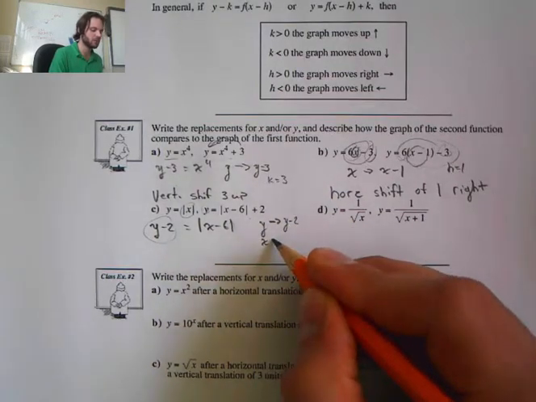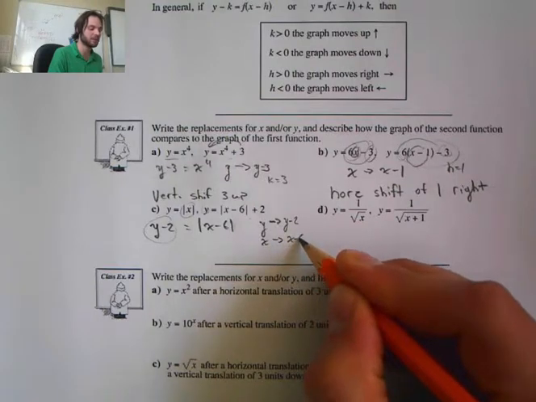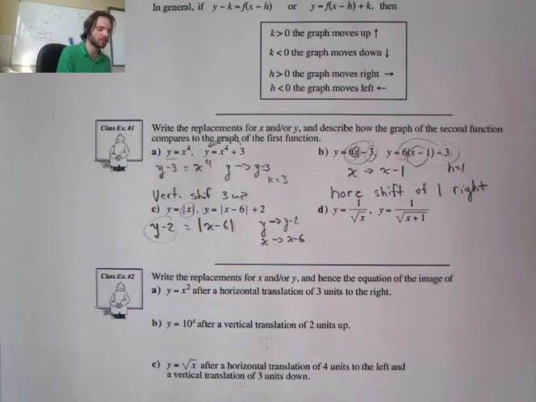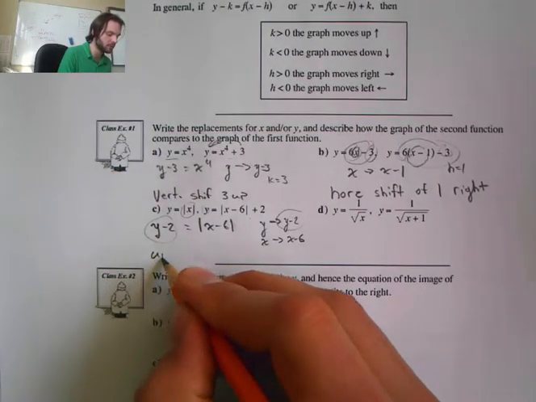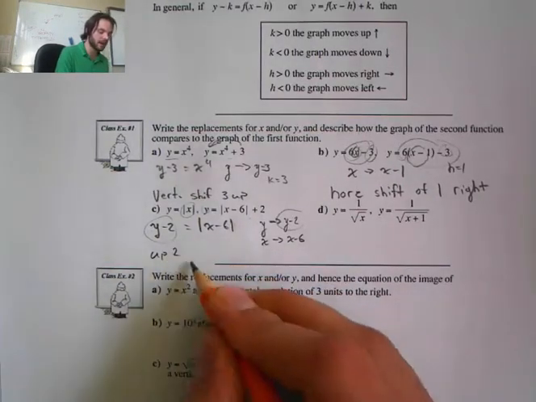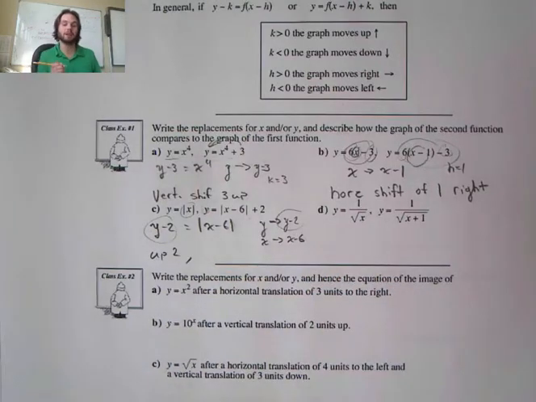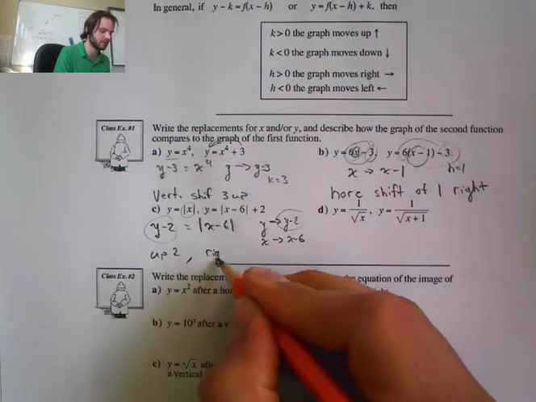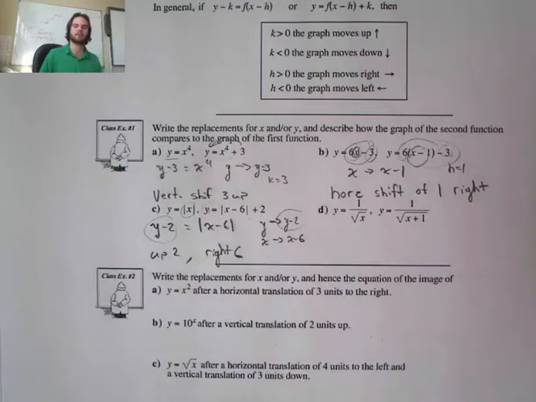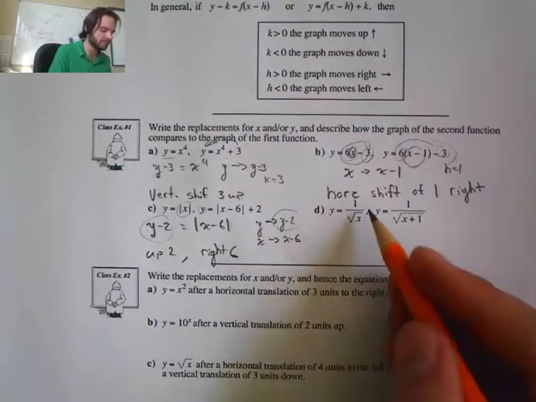X got replaced with x subtract 6. So if I look at this, we shifted up, we went up 2, and we went right 6, sorry. And we went right 6. Okay, let's take a look at D.